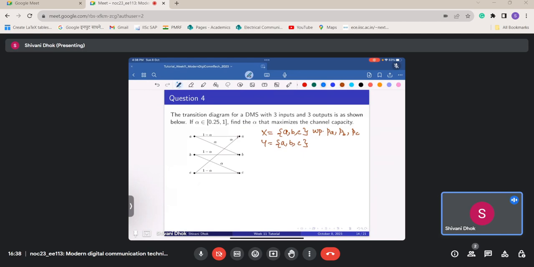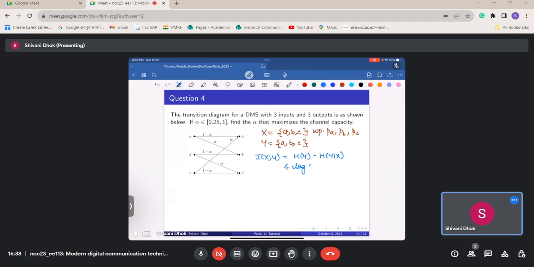In order to find the channel capacity, we need to find the mutual information. So I(X;Y) will again be equal to H(Y) minus H(Y|X), and we know that H(Y) will be less than or equal to log m to the base 2, where m is equal to 3. Here we have 3 possibilities.